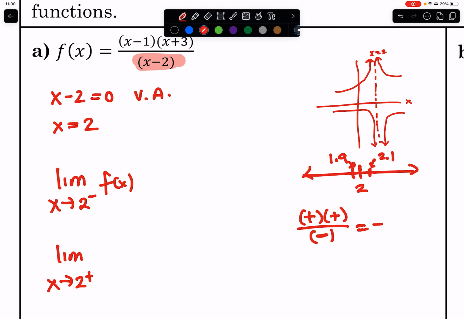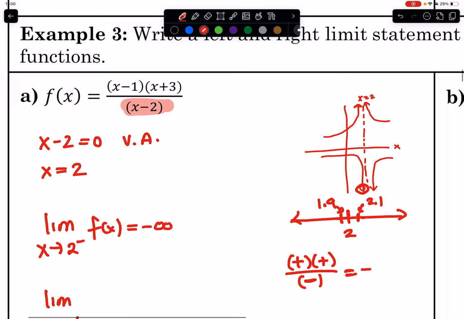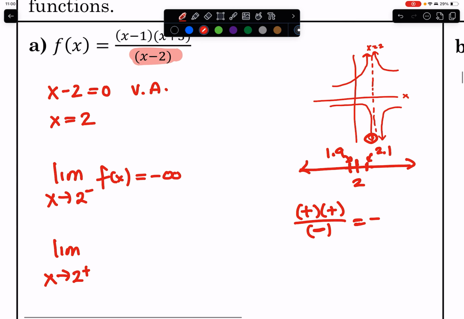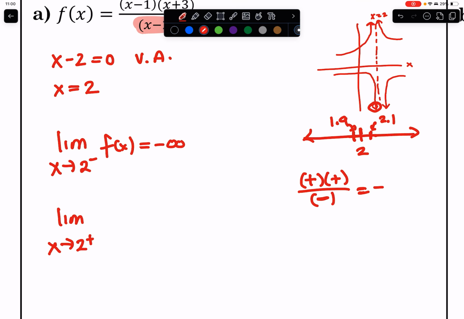Because it's negative, that means the left end is pointing downwards. So the left end is going to go towards negative infinity. So the left limit statement of the function as x approaches the vertical asymptote of 2 from the left, I know I said that twice, that's going to be negative infinity.